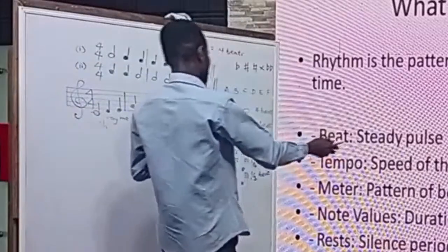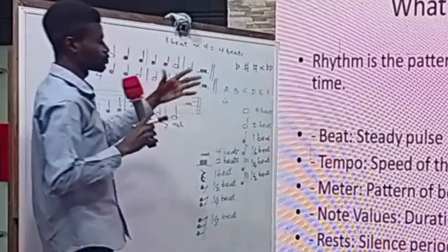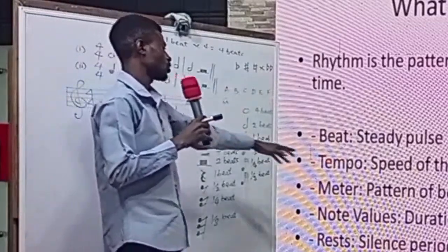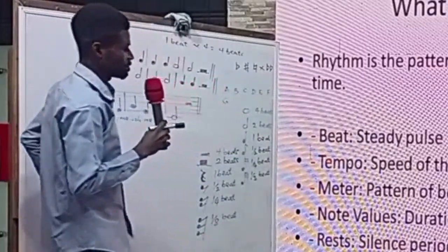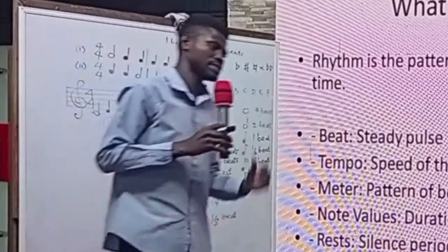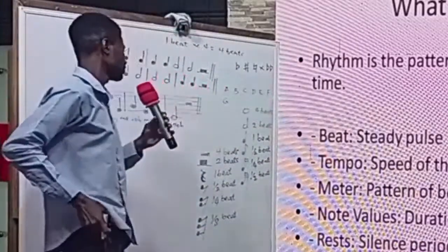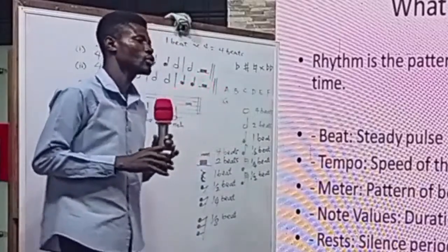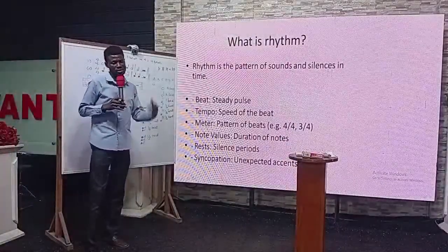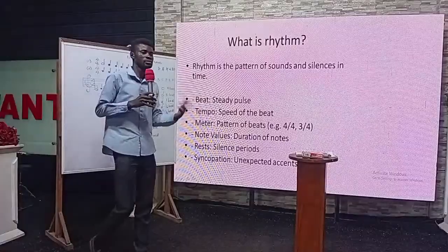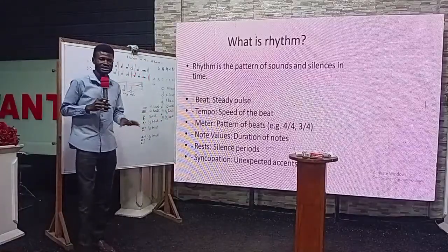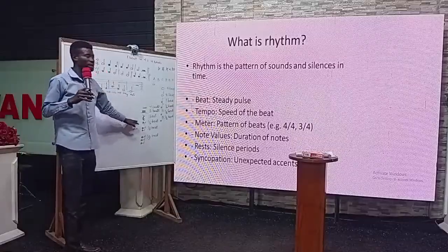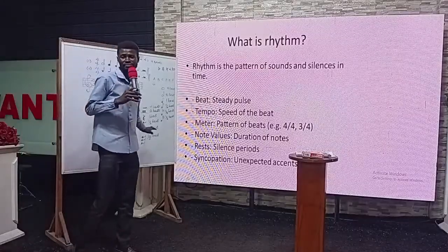Then note values, I've talked about note values. That is the duration of notes. As far as rhythm is concerned, the duration of notes is very important. That is why, for instance, you are given a rhythm: do, re, mi, fa, mi, re, do. If you sing it in one way or another, we have 2 different rhythms entirely.